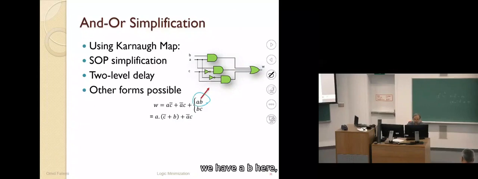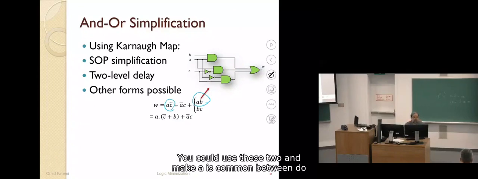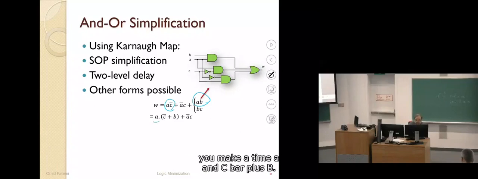We have AB here, we have AC naught here. You could use these two and make A common between the two. So you make A times A and with C bar plus B, okay? So this is somehow simpler than this one, because it has 1, 2, 3, 4, 5 literals. That one had 6 literals.